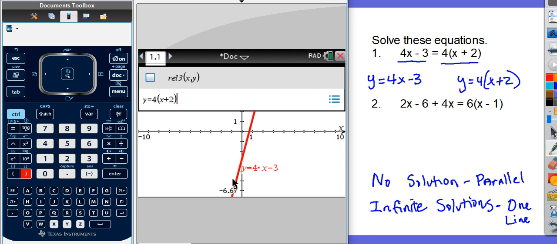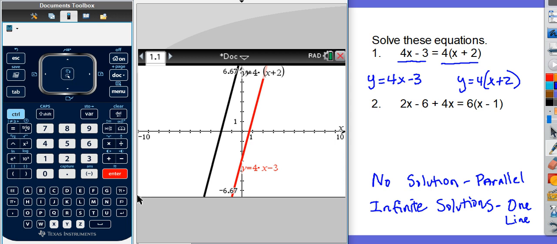Now I always like to kind of know the color of this line and what it looks like, because if this line is the same as this one, then it just changes color. If it's parallel, then you don't have to worry about it. It's just going to pop up to the side. So you can see here I have parallel lines and they do not touch. So if they do not touch, then the answer to this is no solution. I have to write that small.